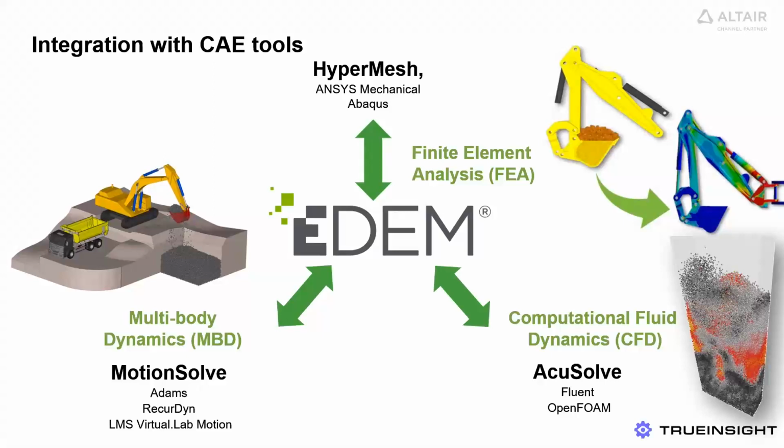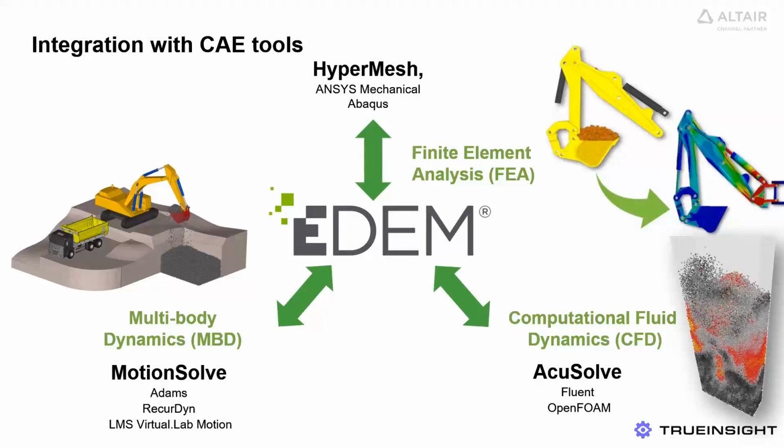Finally, EDEM also offers the capability to couple with CFD software, where particle motion is influenced by the fluid phase, and the fluid phase is influenced by the solid particle phase. A two-way coupled simulation. Altair's CFD software AcuSolve can be coupled with EDEM as either a one-way or two-way coupled solution. Alternatively, coupling is also available with other CFD software like ANSYS Fluent and OpenFOAM.